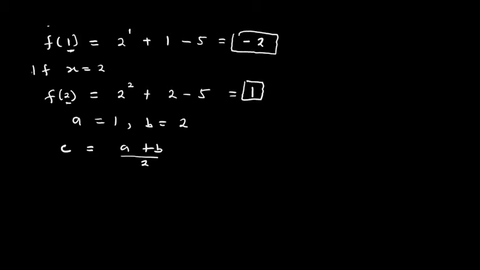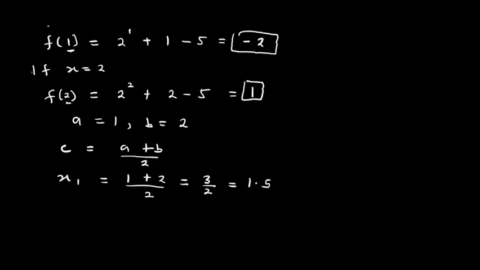So I won't be using c because we are working with x. So let's see, our x1 will be equals to a is 1, b is 2, 1 plus 2 over 2, 3 over 2, same thing as 1.5.